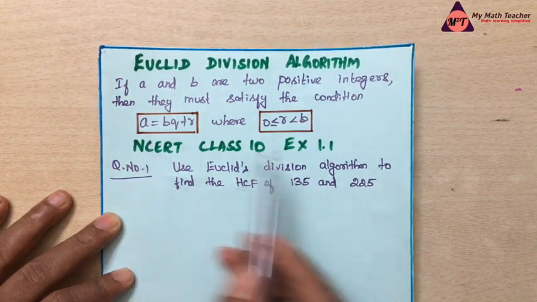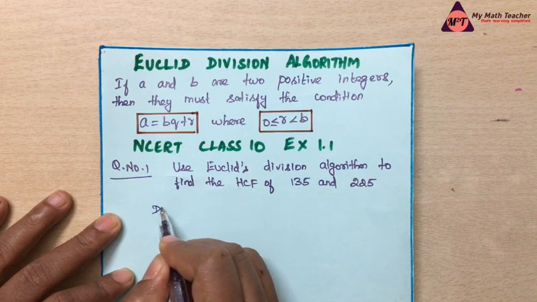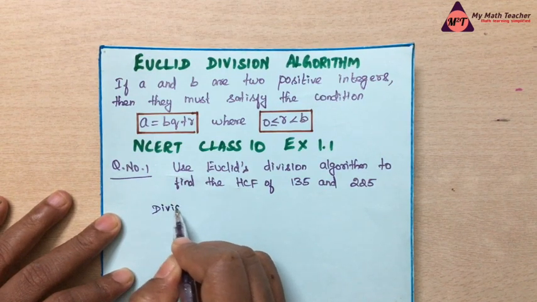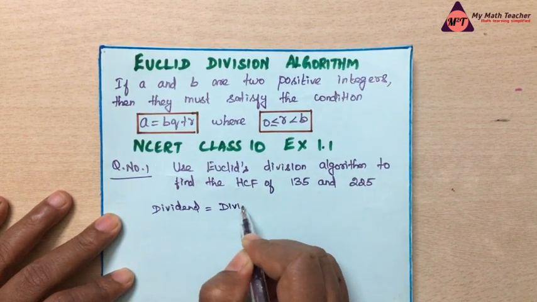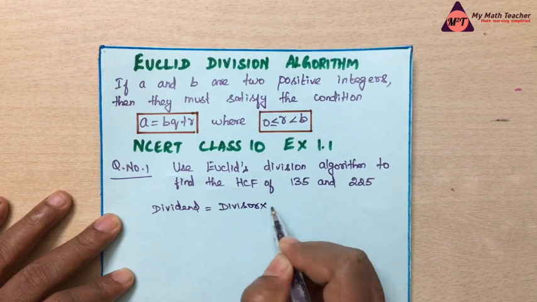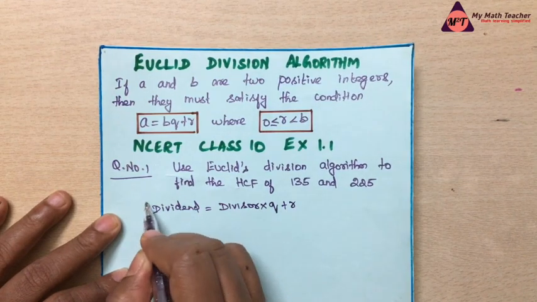Now, in any simple division, what is the condition which we know? Dividend is equal to divisor multiplied by the quotient plus remainder.